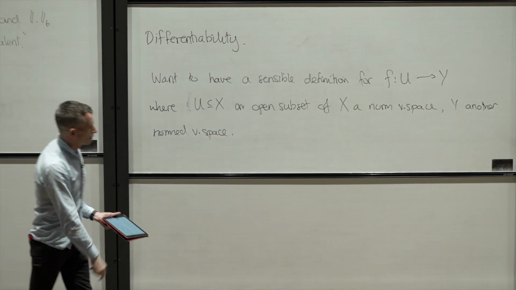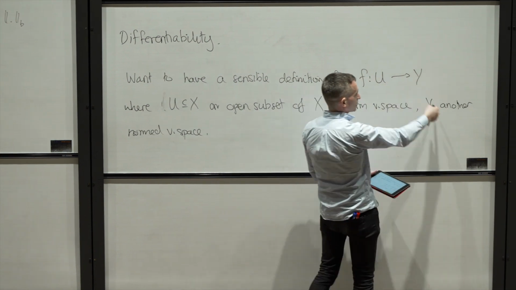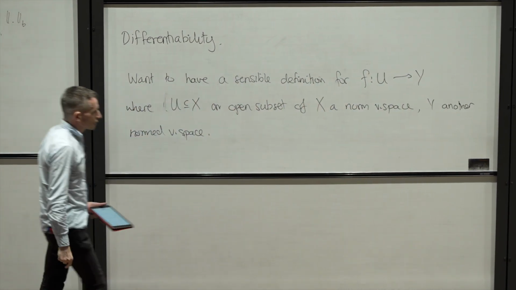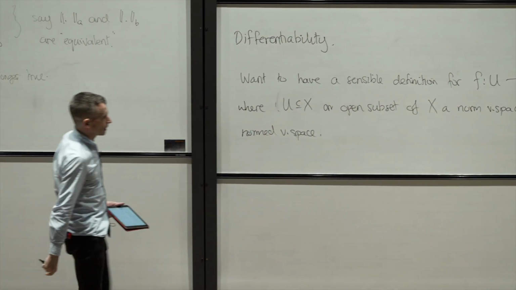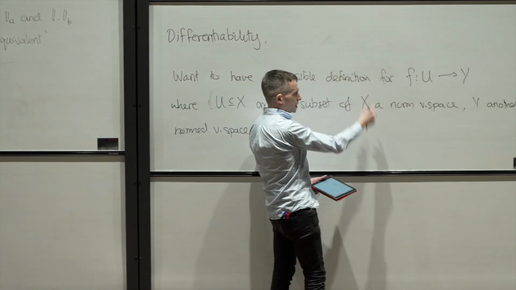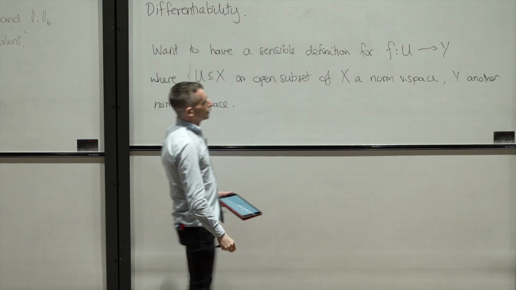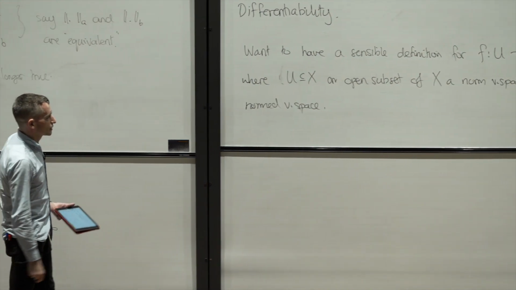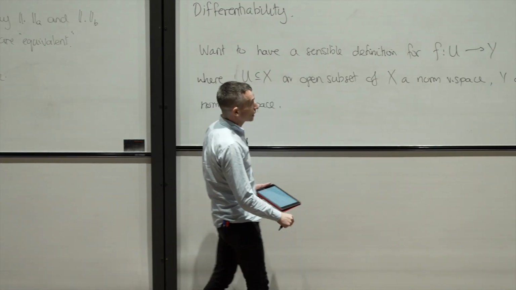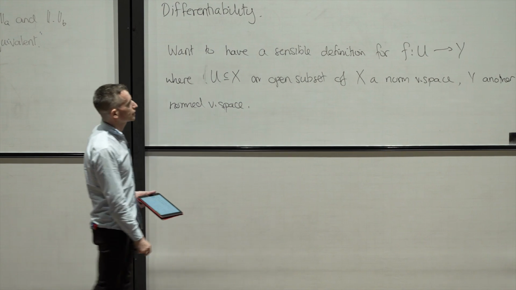So remember that imposing the condition that the vector spaces have norms is just a condition that means it will make sense to talk about limits and to talk about continuity. So the derivative is going to be defined in terms of some kind of limit. So we most likely need a norm for that to make sense.